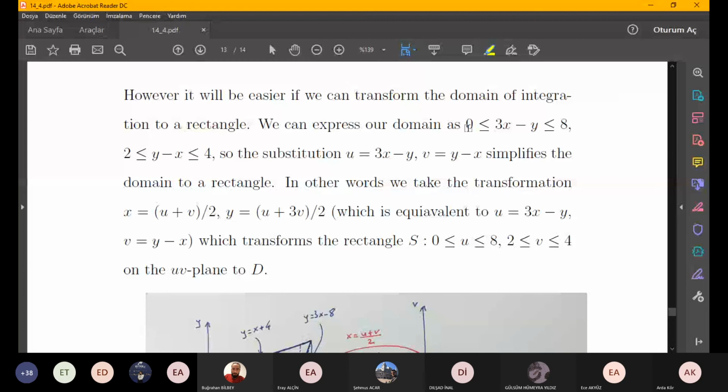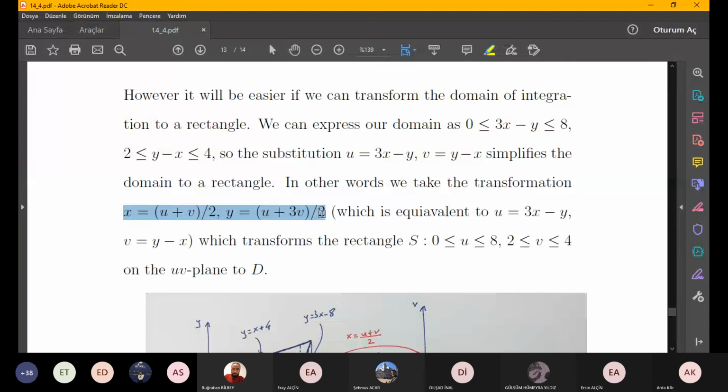So the substitution u equals 3x minus y and v equals y minus x, which in other words can be written as x equals (u plus v) over 2 and y equals (u plus 3v) over 2, simplifies the parallelogram region to a rectangle in the uv plane.